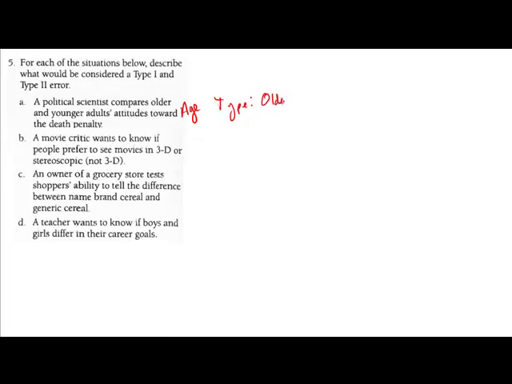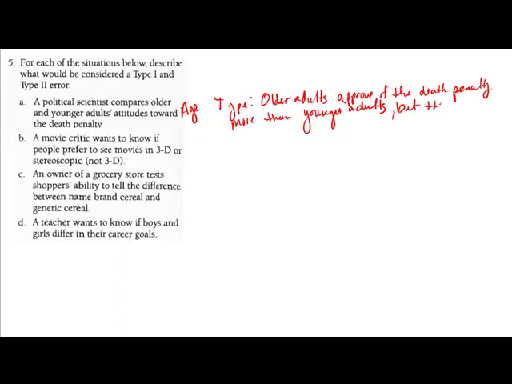So we could say that older adults approve of the death penalty more than younger adults. So we found an effect, but there is really no difference between the two groups.